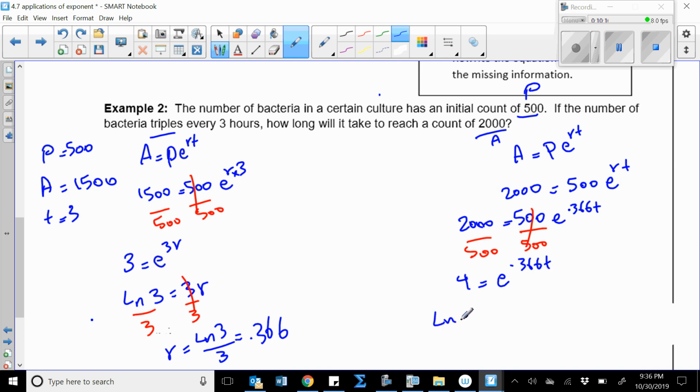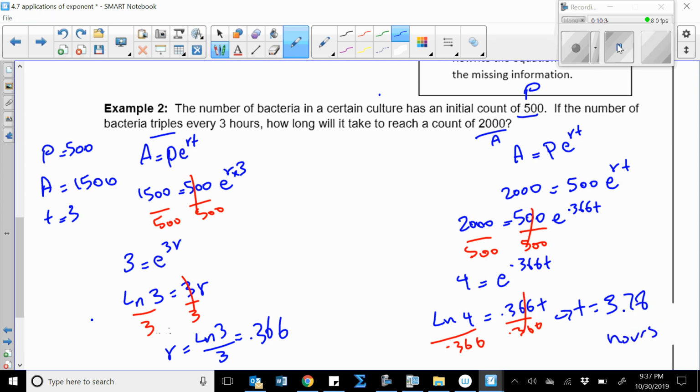Then change this to log form. Divide by 0.366. And from here, if you use your calculator, you will see that t is equal to 3.78 hours.